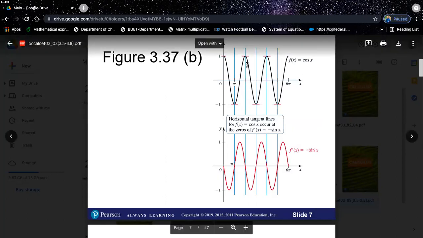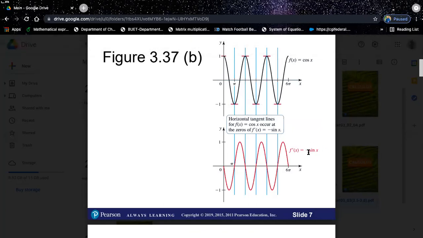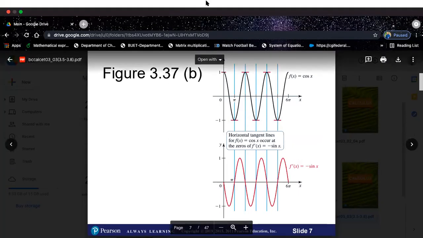So these are actually the zeros of negative sine x. Okay. So for the same reason, the graphical approach tells us that the derivative of cosine x should be negative sine x.